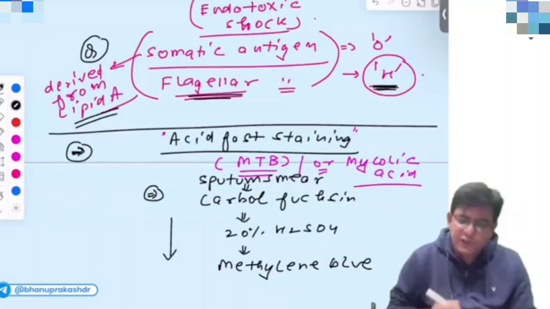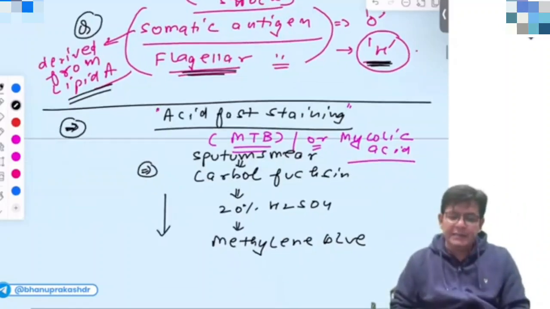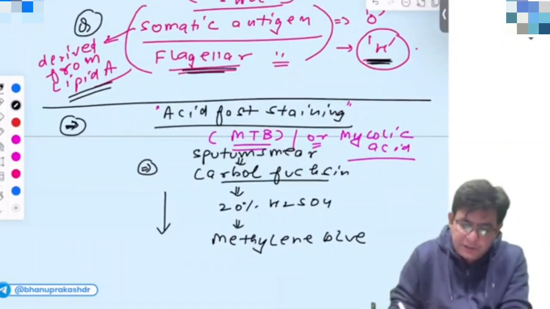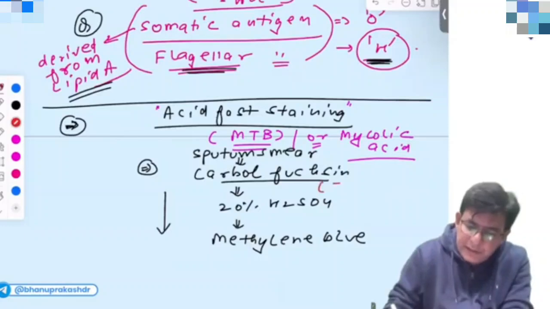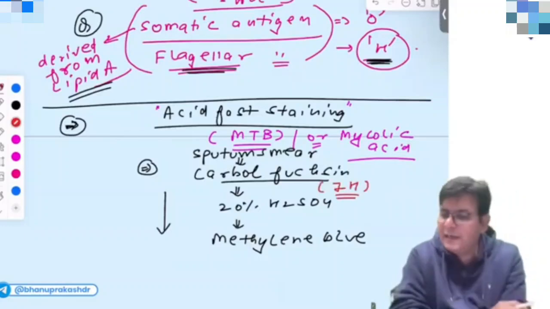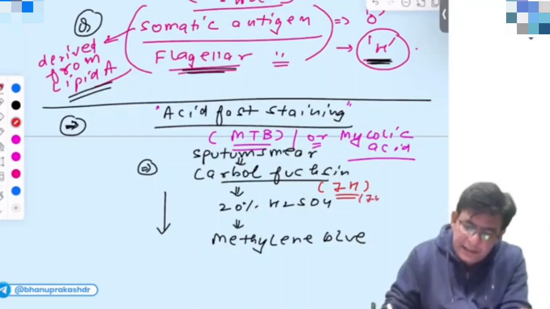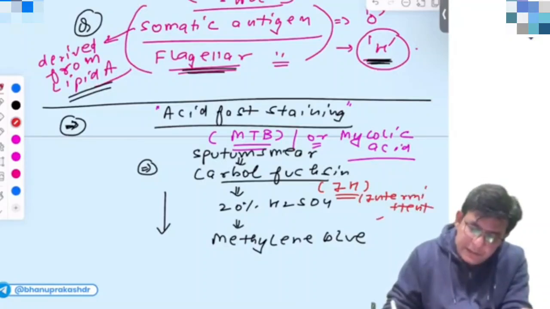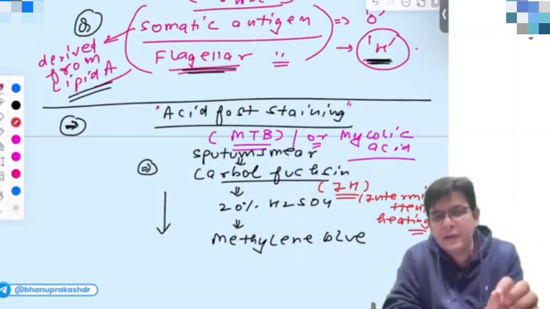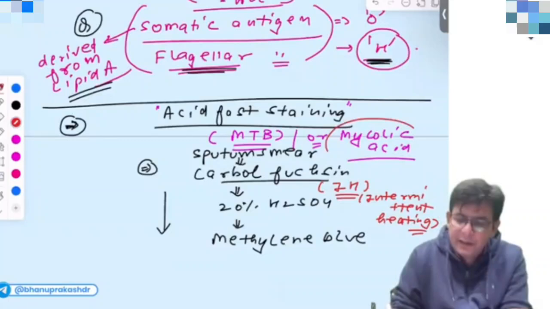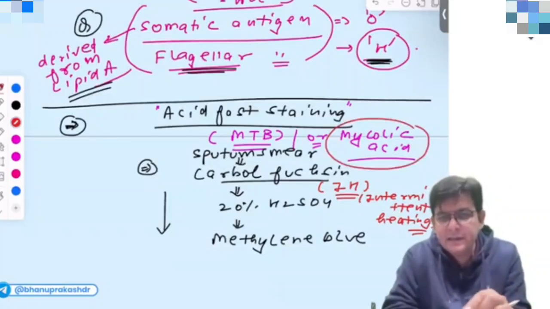This is the sequence you need to know for acid fast staining: carbol fuchsin, and after the carbol fuchsin, what do you do, guys? Intermittent heating. Now you can ask, sir, why do we do intermittent heating? We do intermittent heating because they have mycolic acid. Until you remove this mycolic acid, the dye will not come inside. So that's why you need intermittent heating.